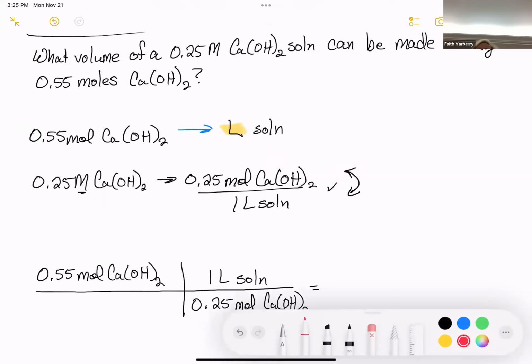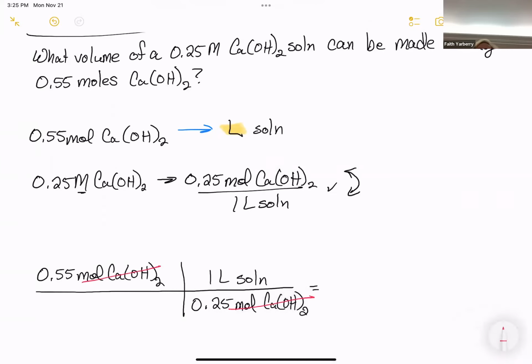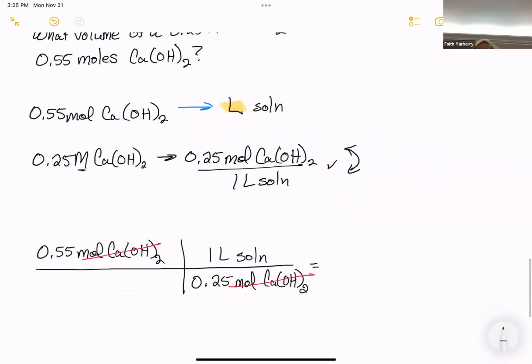We place the moles in the denominator so that they would cancel. That's the reason we inverted it. And now we're ready to do the math because we have liters of solution, which comes out to be 2.2 liters of solution. Questions?